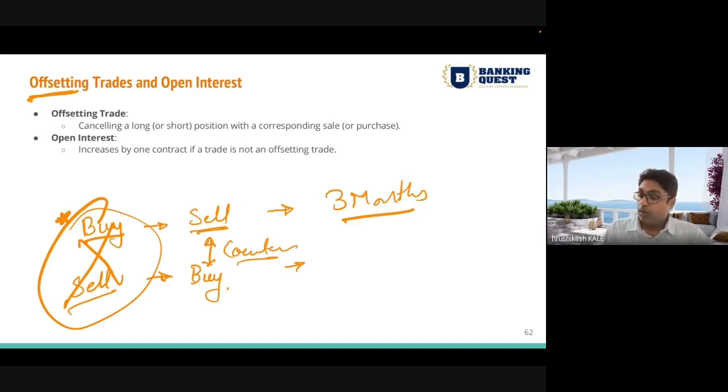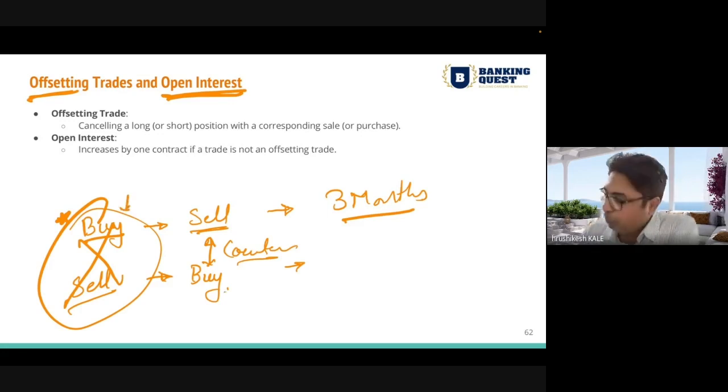Now, remember one thing. When I offset the trade, my open interest will not increase or decrease. Just a new buyer came in place of the old buyer. What is open interest? Open interest is the number of contracts. Now, I am the buyer, there is a seller.